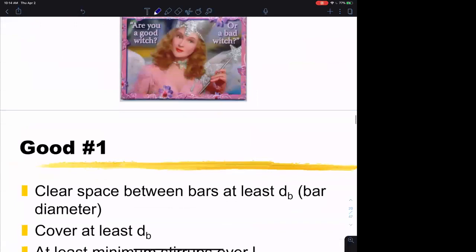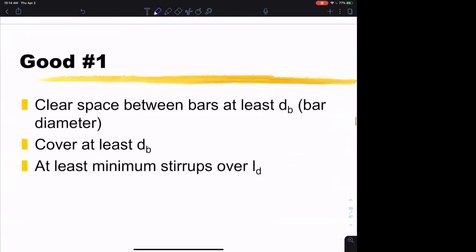Okay. So good. The definition of good is the clear space in the bars is at least D, 1 bar diameter. The cover is at least 1 bar diameter, and you have minimum stirrups over the whole development length. Yet another reason to always have stirrups.